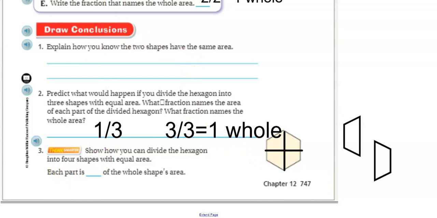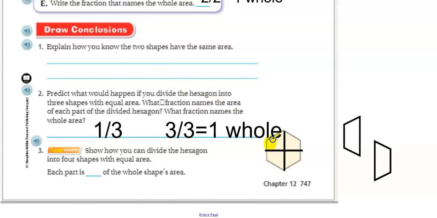So it says each part is what? What would the fraction be? Well, hopefully if you look, you have 1, 2, 3, 4. So if you only look at one part, let's see if I can do this. Let's do a highlighter.